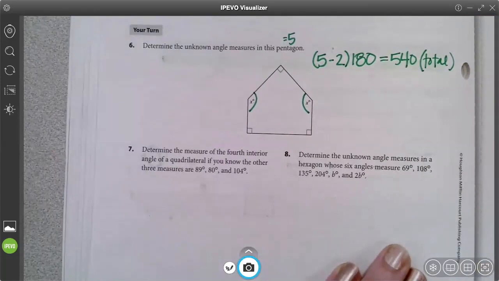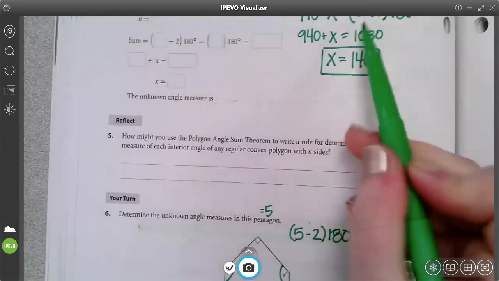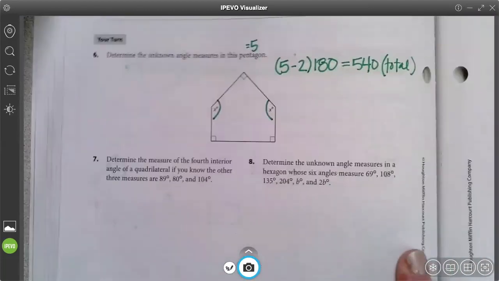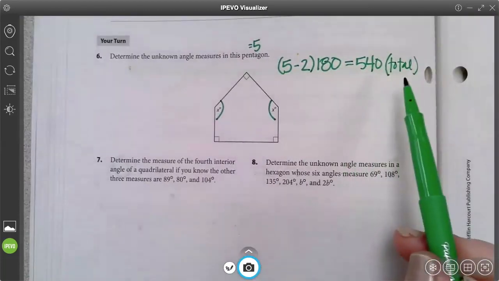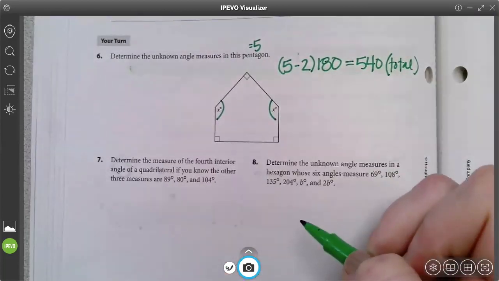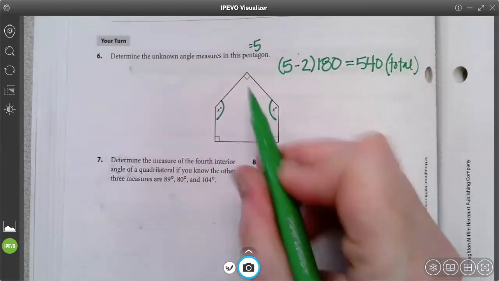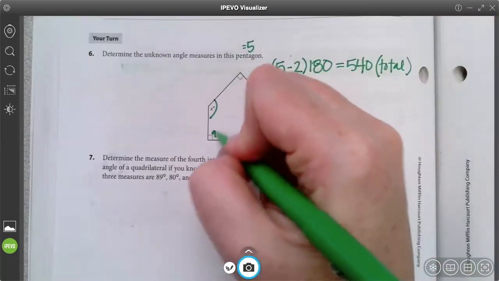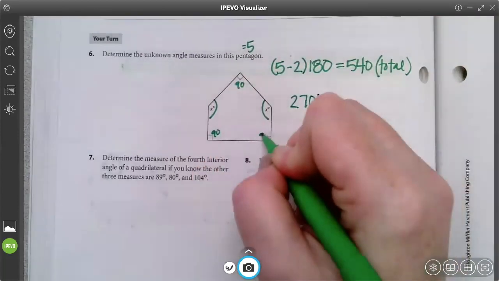So if I wanted to, I could have started out with an equation like this where I had 5 minus 2 times 180. But just showing you that you can also break it down into multiple steps. So my known angles are all 90 degrees. So I have 90 times 3, or 270. 90, 90, 90.